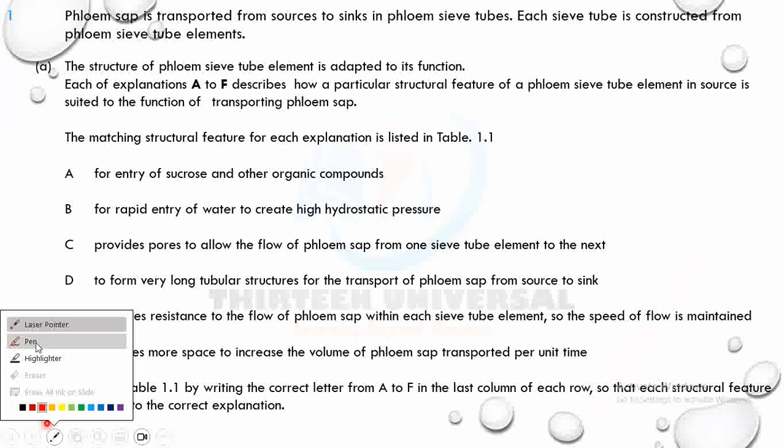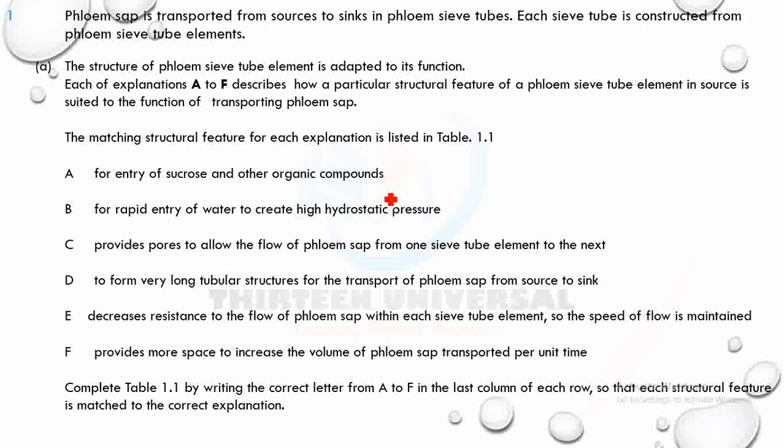If you remember how we do this, see, these are phloem sieve tubes. You can see these are end walls, perforated end walls, that allow the movement of phloem sap from one sieve tube element to the other sieve tube element.